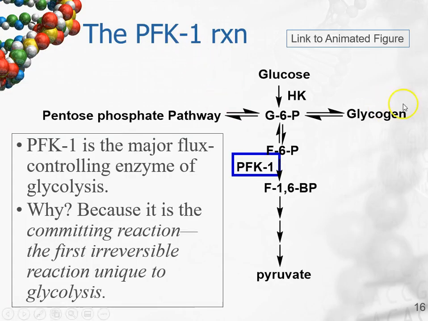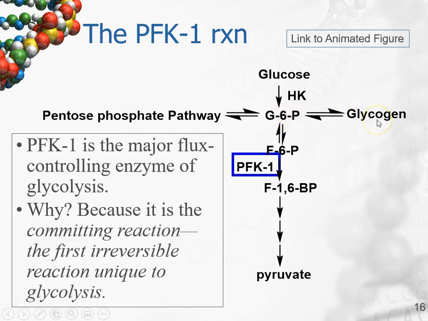So you might have wondered why the major control point wasn't hexokinase, because that's step number 1 after all. So why not regulate the pathway here? Well, here's a little bit of a sneak preview. So glucose is converted to glucose 6-phosphate, and today we're talking about how we're going to take that all the way to pyruvate. But the glucose 6-phosphate can enter the pentose phosphate pathway.